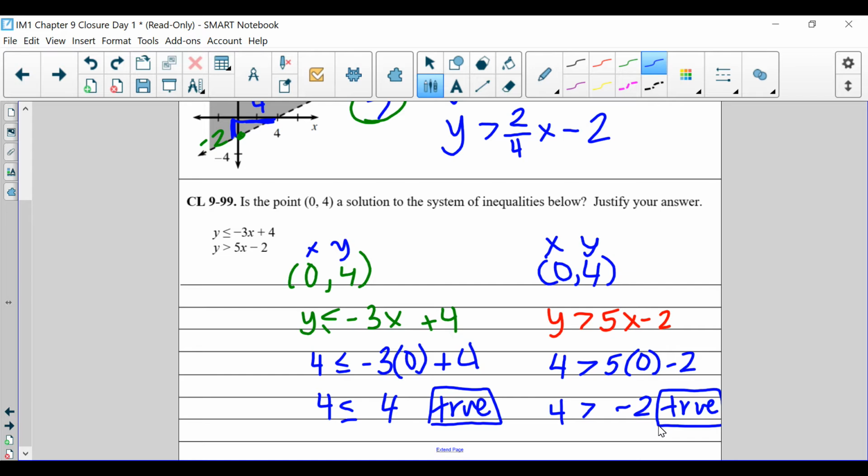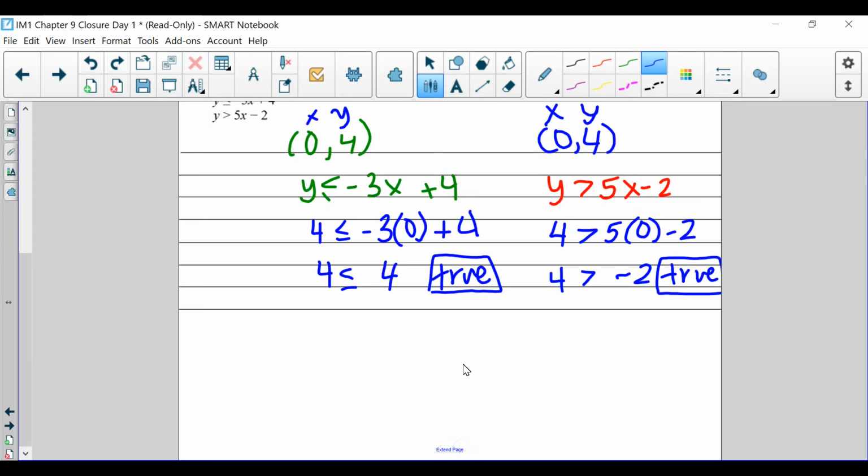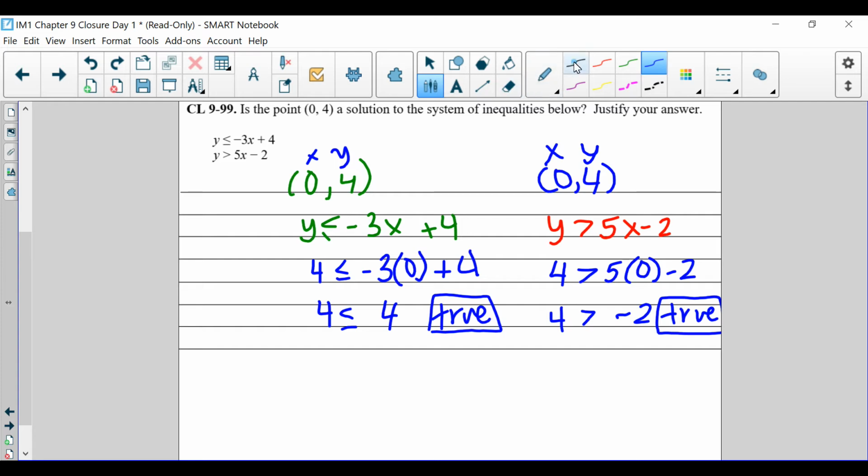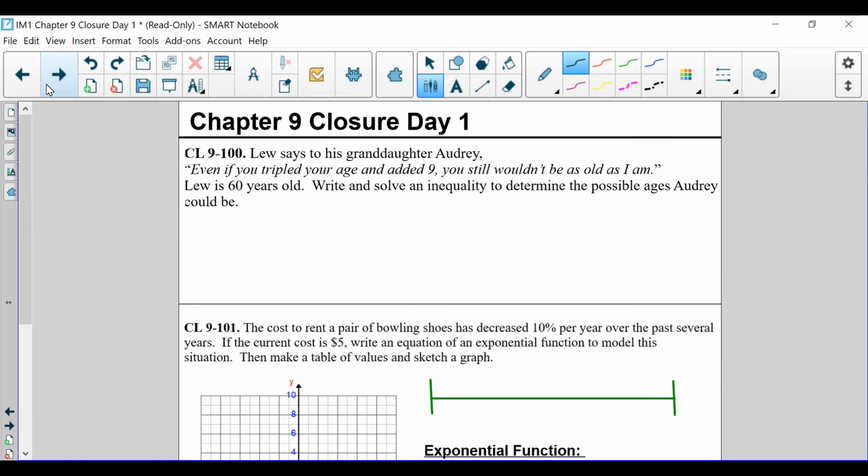And so, since it's a true statement for both of them, we can say that this is a solution to both inequalities. So (0, 4) is a solution. Yay!